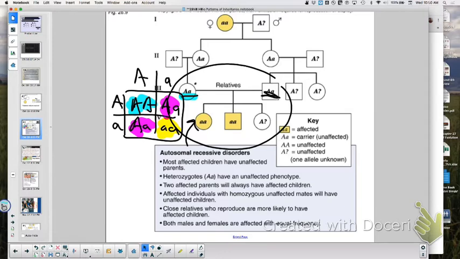So if you're a heterozygote, you don't have it, right? Like if blue eyes was a disease, and you were heterozygous for eye color, big B, little b, do you have the blue-eyed disease? No. But are you carrying the blue-eyed disease? Yes. Could you pass it to your children? Yes. Okay? All right. Now, then number 3, 2 affected parents will always have affected children.